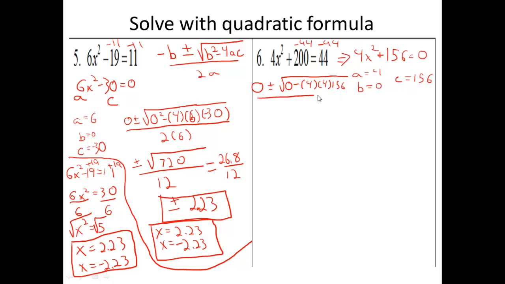And this is all over 8. Well, what we're going to see here is that 0 plus or minus the square root of 4 times 4 times 156 is equal to 2,496.